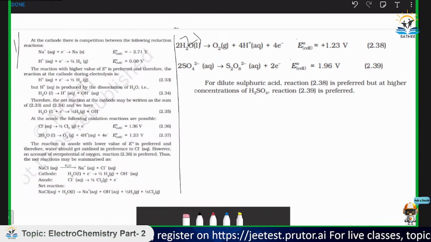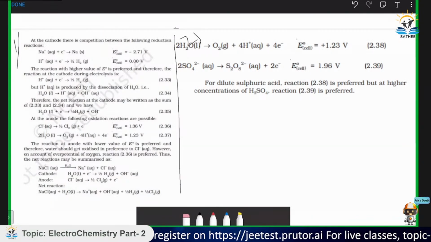For dilute sulfuric acid, the first reaction is preferred, but at higher concentrations, your second reaction is preferred. Same reason, no potential. H2SO4 lo, you will have like two cases: SO4 minus 2 ionization and OH minus ionization. లెక్క ప్రకారం OH minus is preferred.